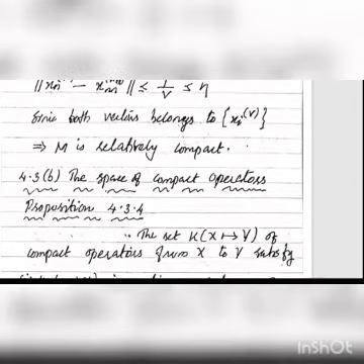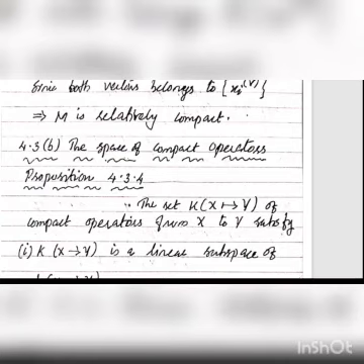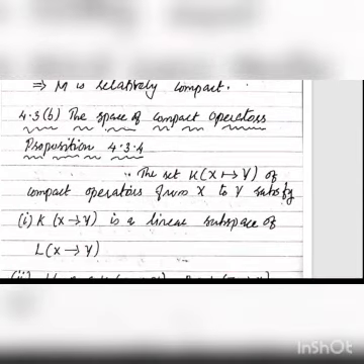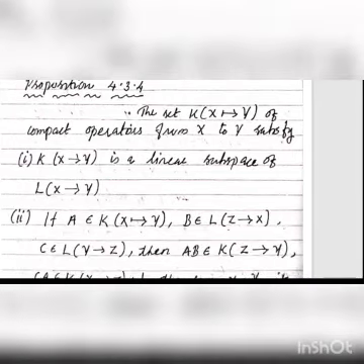Now we are passing to the next topic, the space of compact operators. And the first proposition: let K(X,Y), the compact operators from X to Y, satisfy these properties.